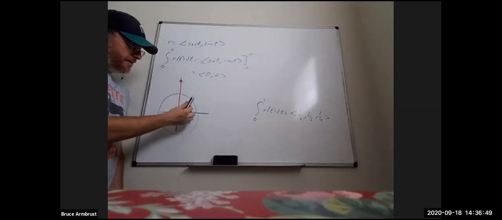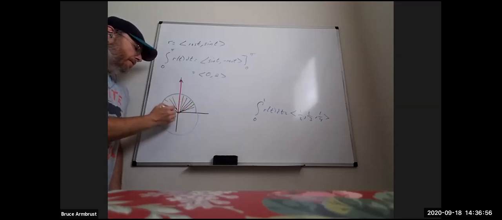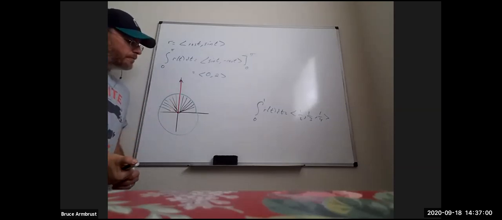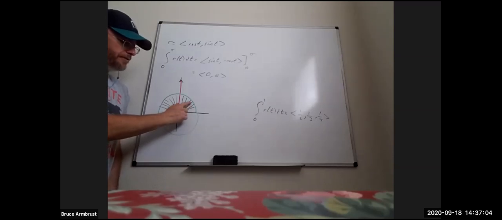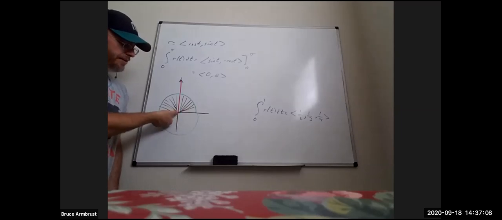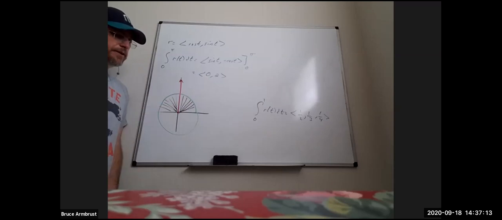We've got this vector, and we're adding all those up forever. If you look at the horizontal pieces of each of these, they end up canceling each other out because we've got positives and negatives. Those cancel, which is why our x ended up being 0.